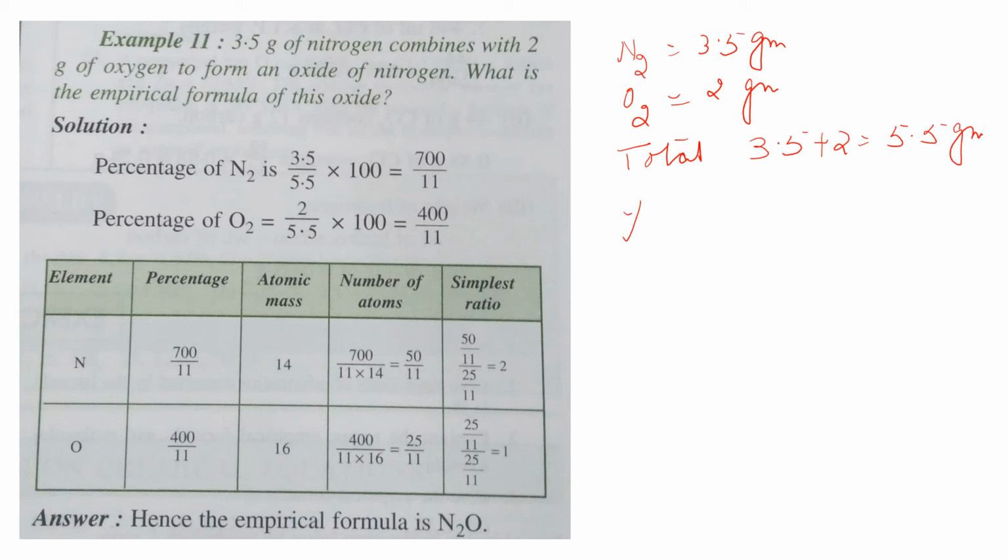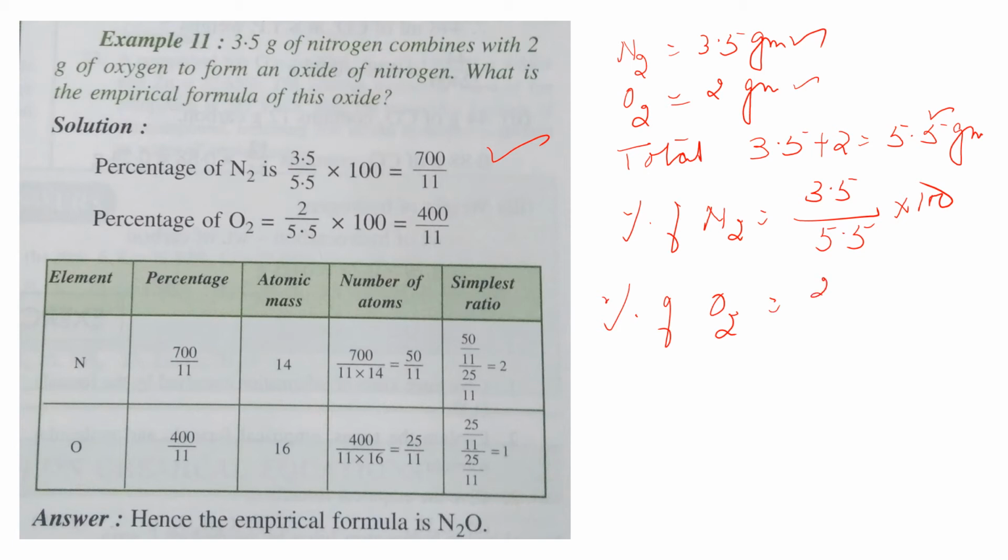So the percentage of nitrogen is 3.5 divided by the total 5.5 into 100, which is coming to 700 by 11, and the percentage of oxygen will be 2 by the total 5.5 into 100, so I'm getting 400 by 11.